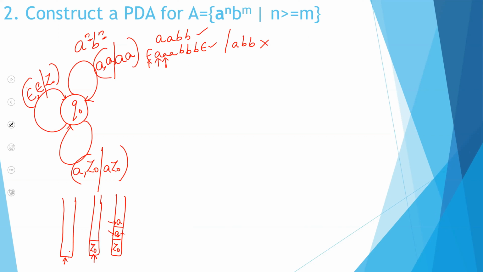I encountered an A, the one which I wrote as my first A. What was on the top of my stack? I had this particular A. I put that A over here, and then I'm pushing this particular A. And what was the just previous top of the stack? A. So I write A again.